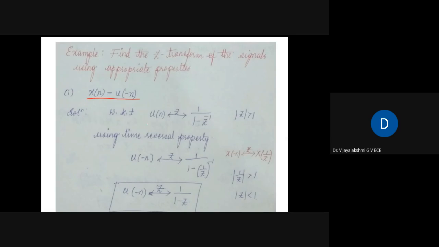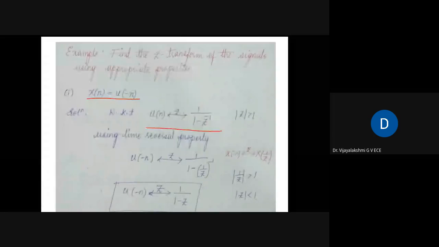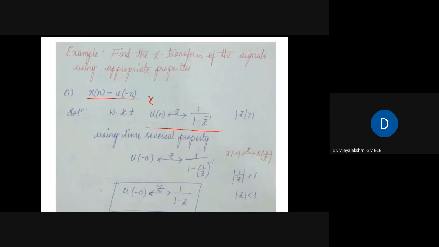We already know, we have found out, that the Z transform of u of n is 1 by 1 minus Z inverse, provided the magnitude of Z inverse is less than 1. So I get Z greater than 1 as the ROC. Now let me take this signal as our x of n, and this is our X of Z.